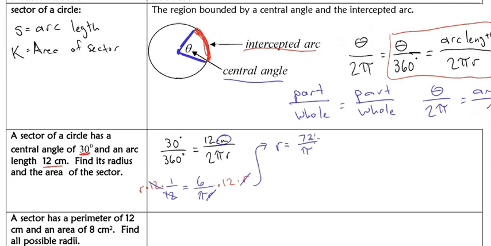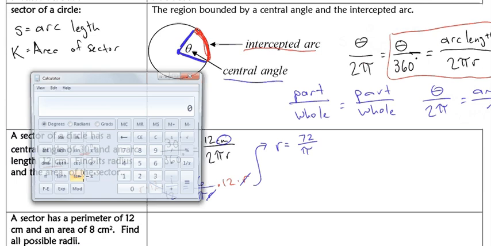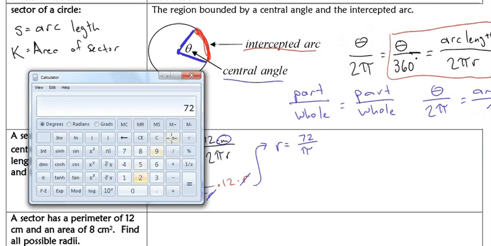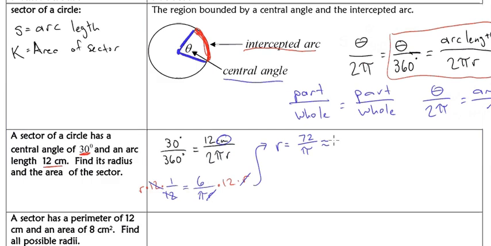And let's grab our calculator and find out what that is roughly. So 72 divided by pi gives us right around 22.9 centimeters. There's the length of our radius.